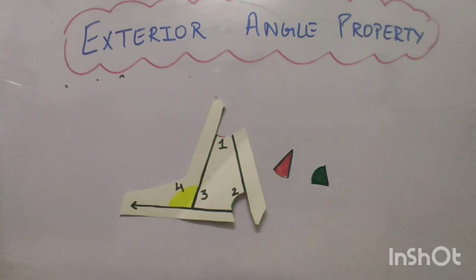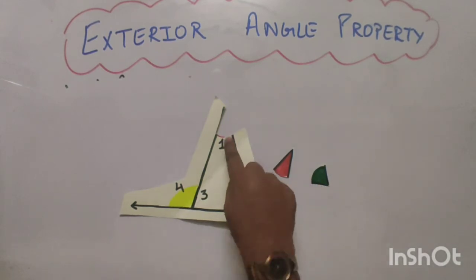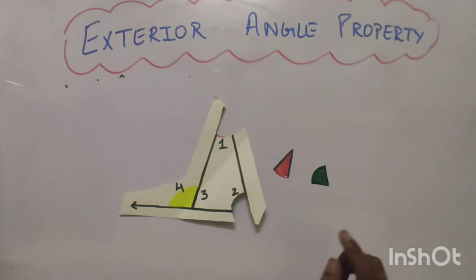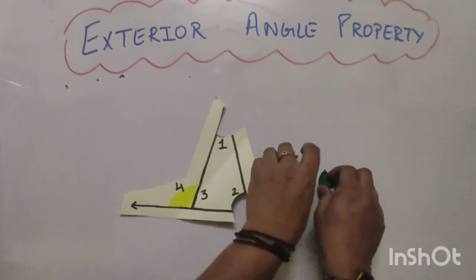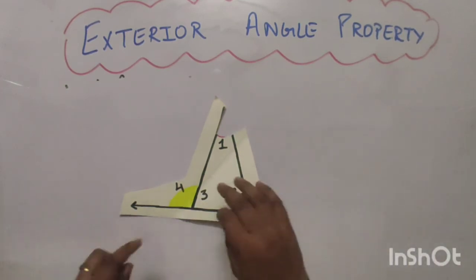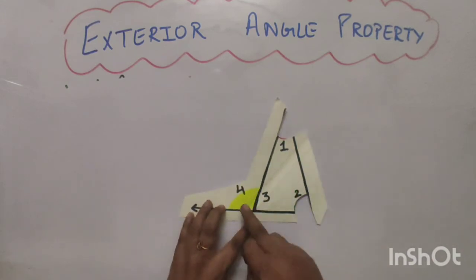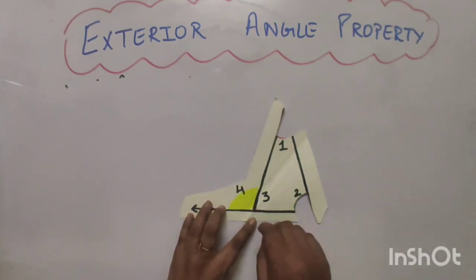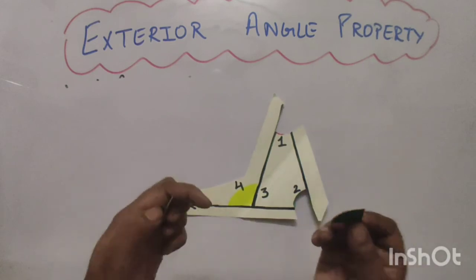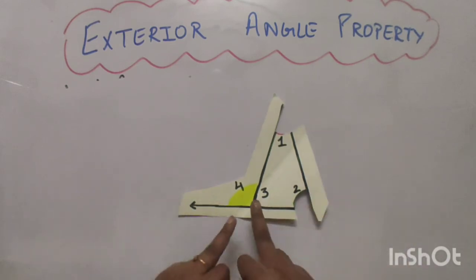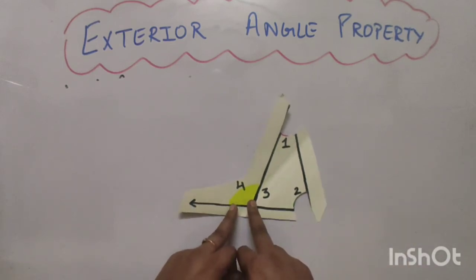So here are both the angles which I have cut, and both are interior angles of the triangle. Now, the same way as we did in the angle sum property, I am going to place these two angles on the exterior angle, because we have to figure out whether the sum of these two angles is equal to the exterior angle or not, right?